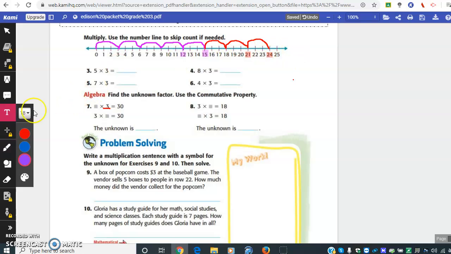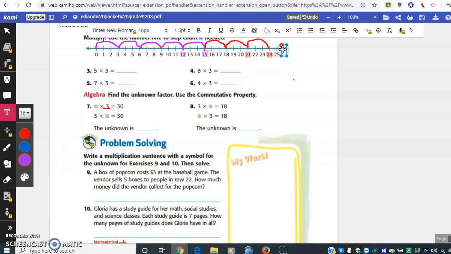It's stopping at 25, and I'm just going to keep it going by counting more. 26, 27, 28, 29, 30. And then I'm just going to move it down into position. And you can do that with your pencil.